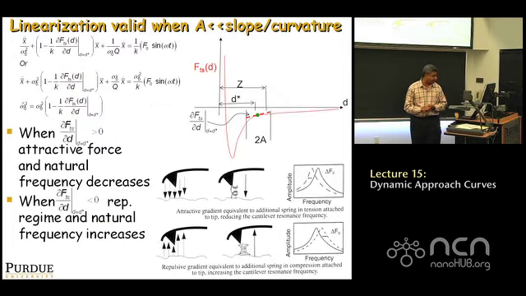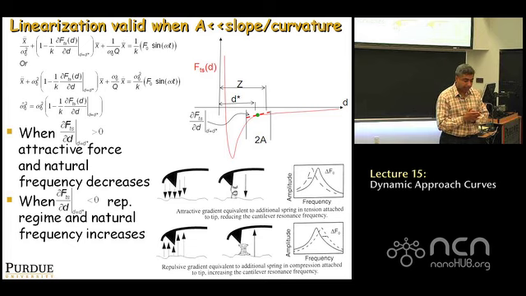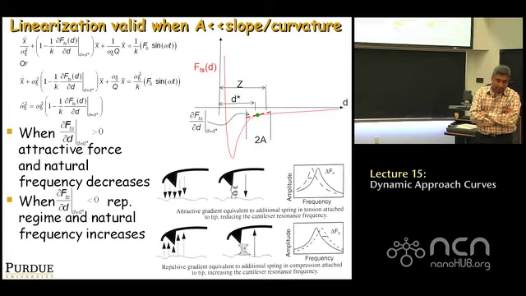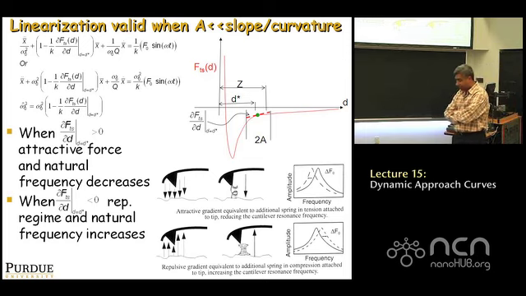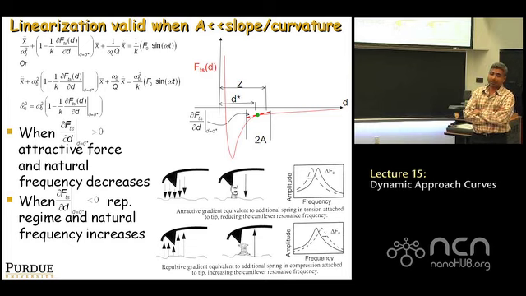So a quick review from last time with the point mass model. We saw that if you have very small oscillation amplitudes, you can do a Taylor series expansion of the interaction force FTS about the equilibrium position of the cantilever, which is shown on this graph by a green dot.